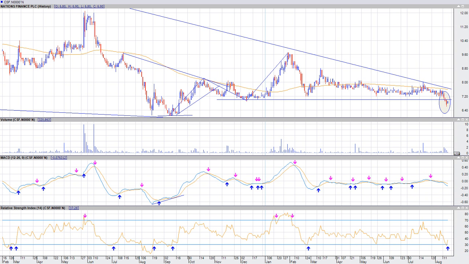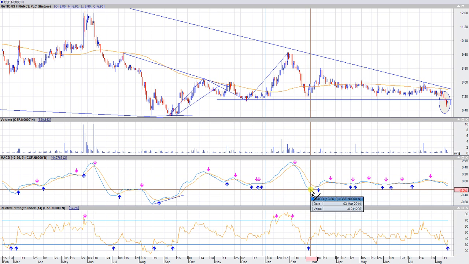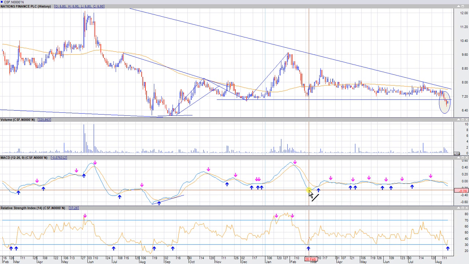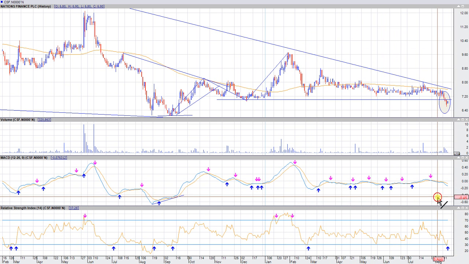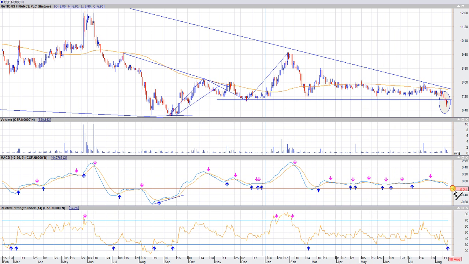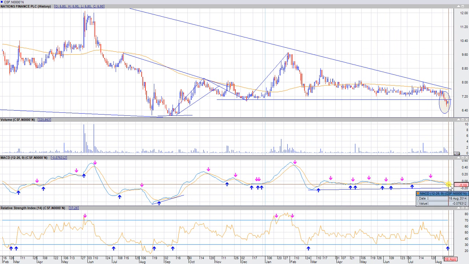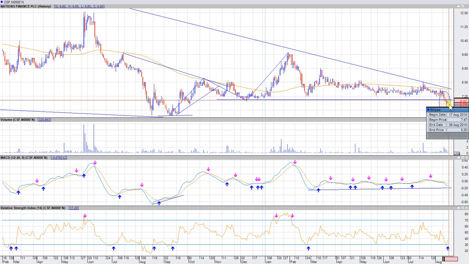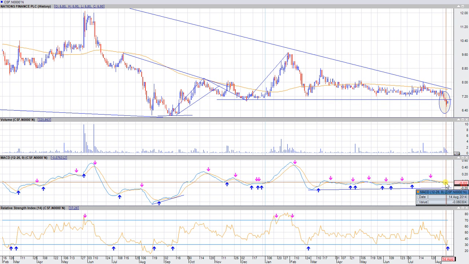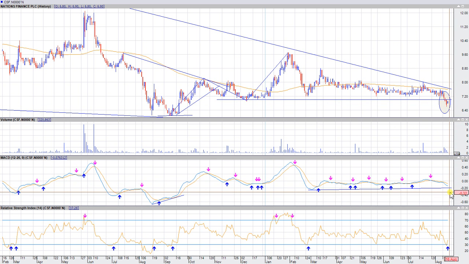Yes, there is a slight positive convergence here at this point, but I need to see this one turning. Look at this, this is the line, so it is still here. Now if more selling pressure comes here, definitely this is going to slope much steeper and there wouldn't be any sort of a divergence. Got the idea? So this is very important.